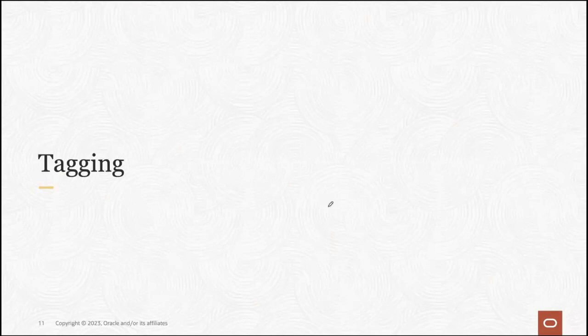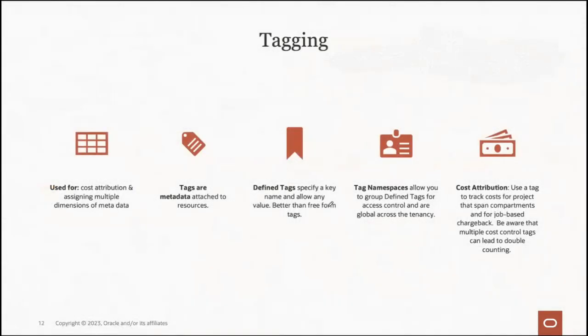So, all right, continuing on to tagging. Tagging is definitely a crucial component when we get into this. Every resource can be tagged in some way, shape, or form. In these tags, we have a couple different options.